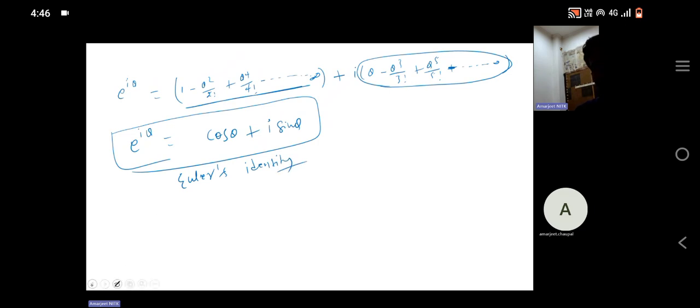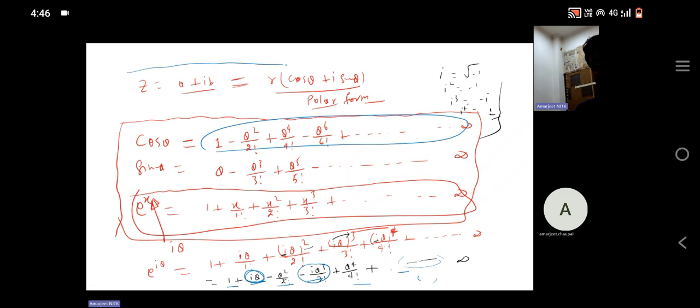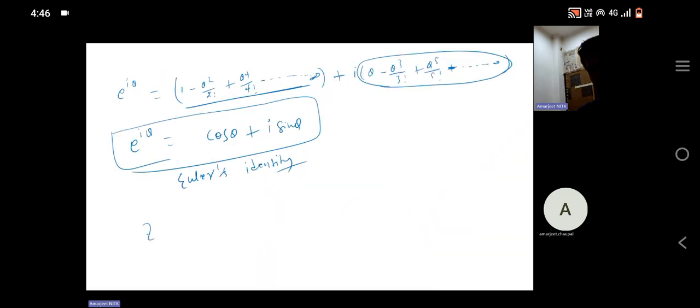And here we had an expression for a complex number, that means z equals a plus iota b. You can write it in polar form, cos theta plus iota sin theta, and for this cos theta plus iota sin theta, from here you can write e to the power i theta.